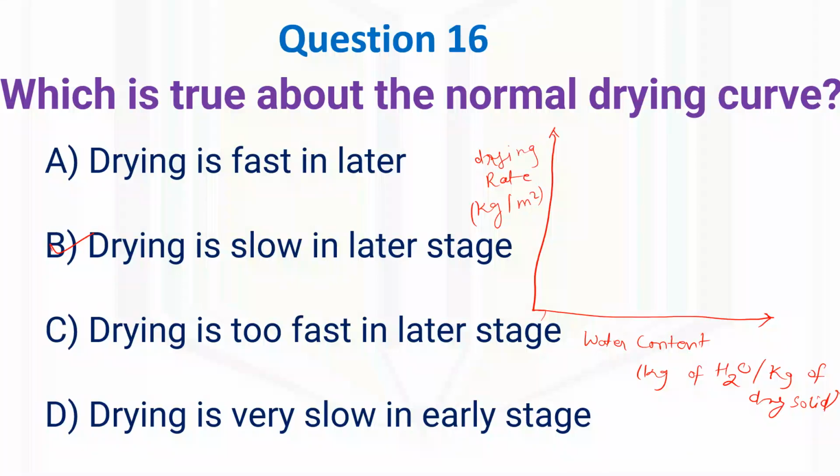So initially this is the moisture content, then it will have a constant rate period, then it will have a first falling rate period, and then the second falling rate period. So this is A, B, C, D and E. This point is E. So this point is called the critical moisture content.